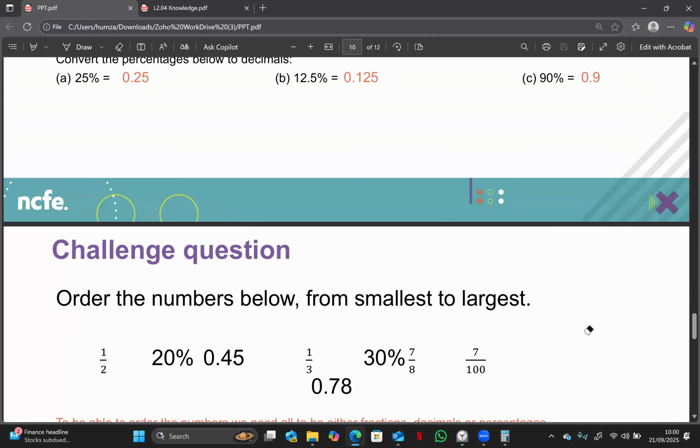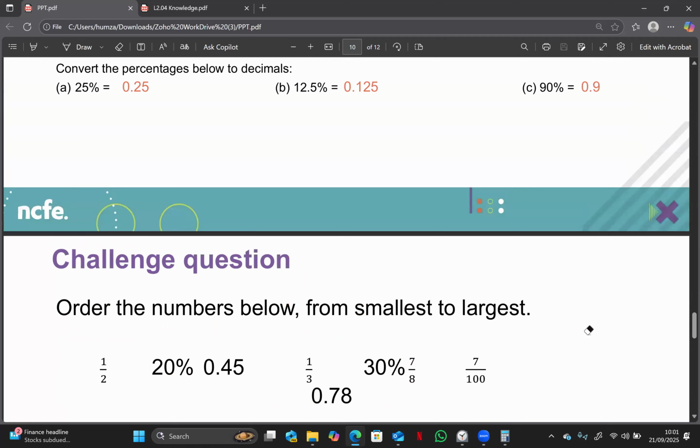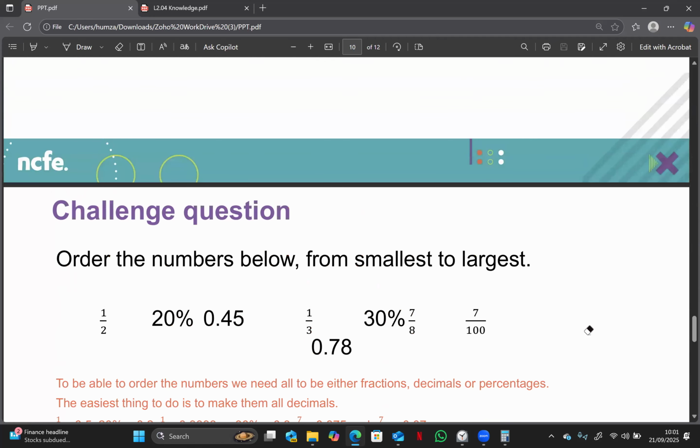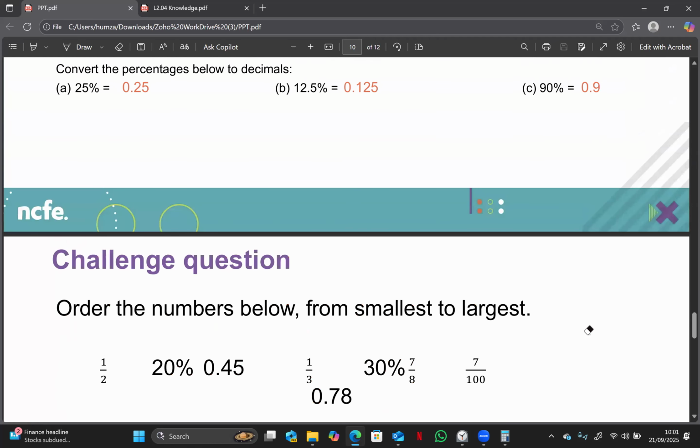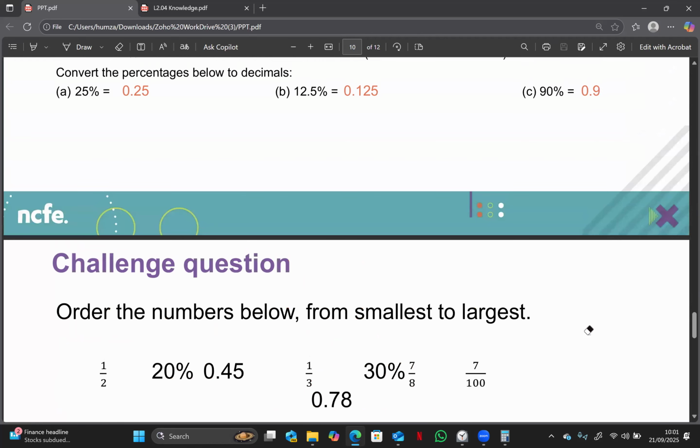So, order the numbers below. To order them, we need to convert them all into the same form, decimals or percentages, right? So it's going to be a bit harder.